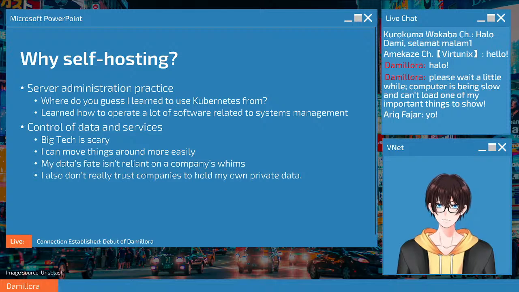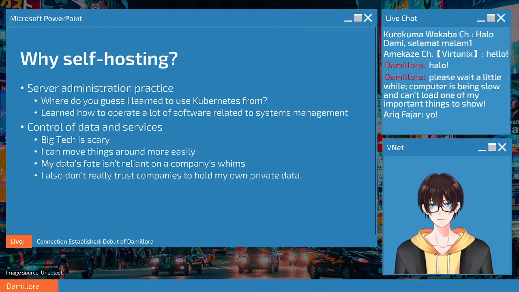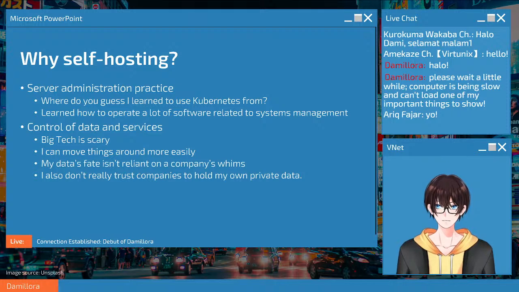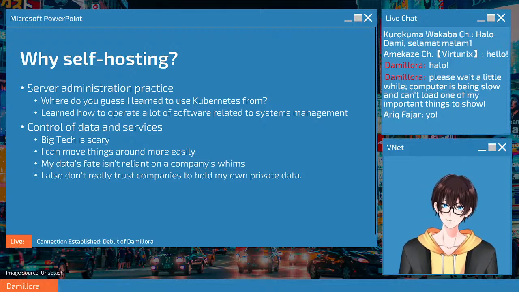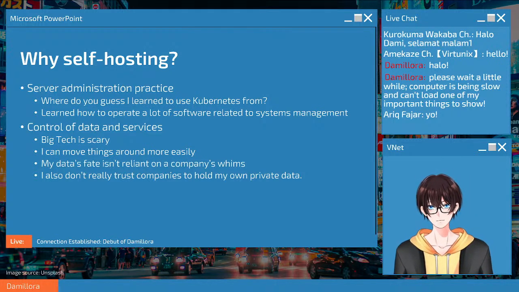Well, I can move things around more easily because I own the data. So if I want to move my data from, for example, Indonesia to Singapore or perhaps France or even the United States, it's no big deal.